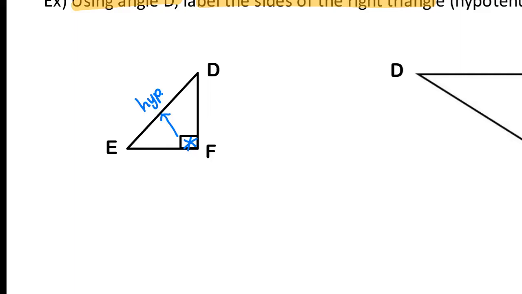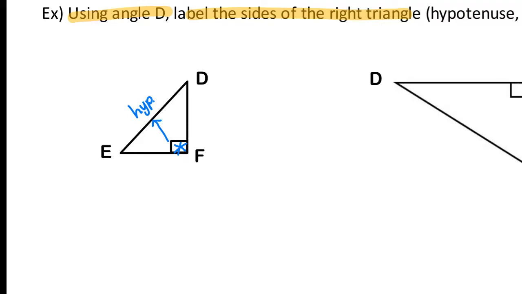Okay? And then the directions again say using angle D. I'm looking at angle D, which is right here. I'm going to put an arc for the angle so that I know this is the angle that I'm looking at.